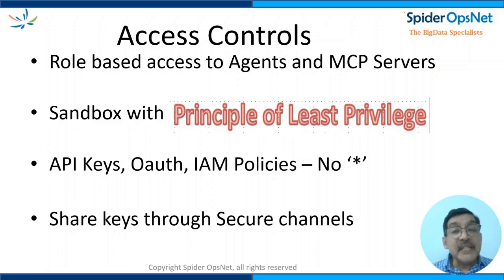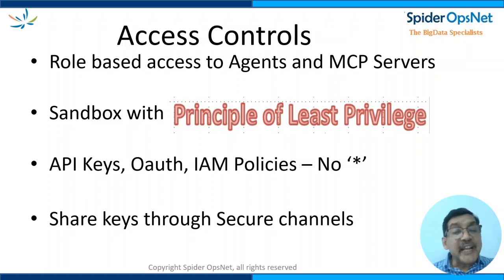Always follow the principle of zero trust for agents. Use API keys, OAuth authorization, and IAM policies. Make sure there is no star in the policies that make life easier for admins, but can be a serious security incident.